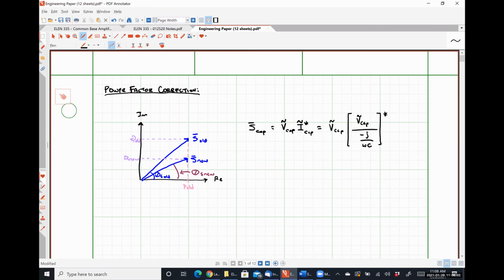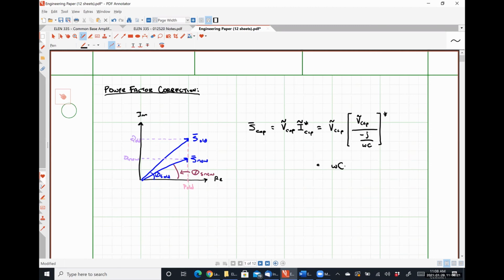What that's going to give me is something divided by negative j divided by omega C, which is going to give me an omega C in the numerator. So let's start there.